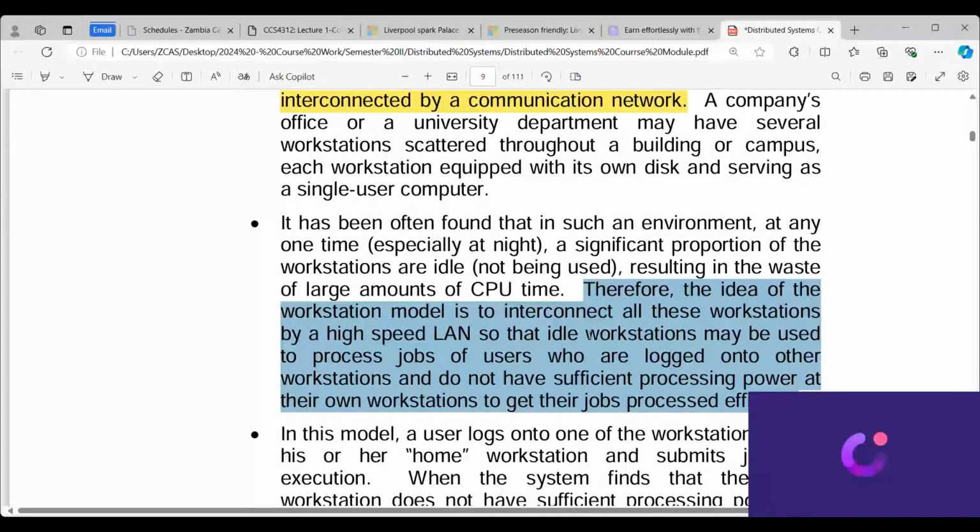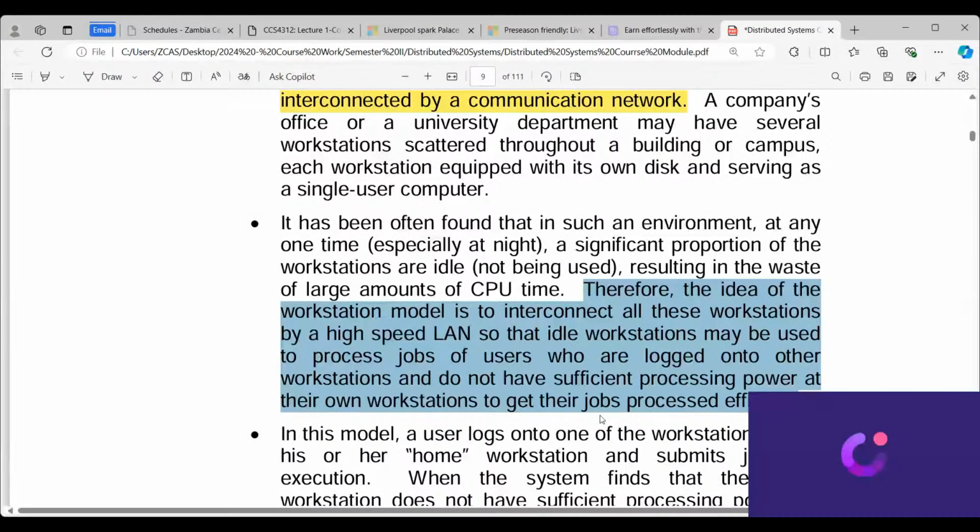But now what has come on board is this kind of model. These workstations are connected in local area networks, so that those with low processing capabilities are able to take advantage of other workstations connected to their network, so that they can process their data without any problem.